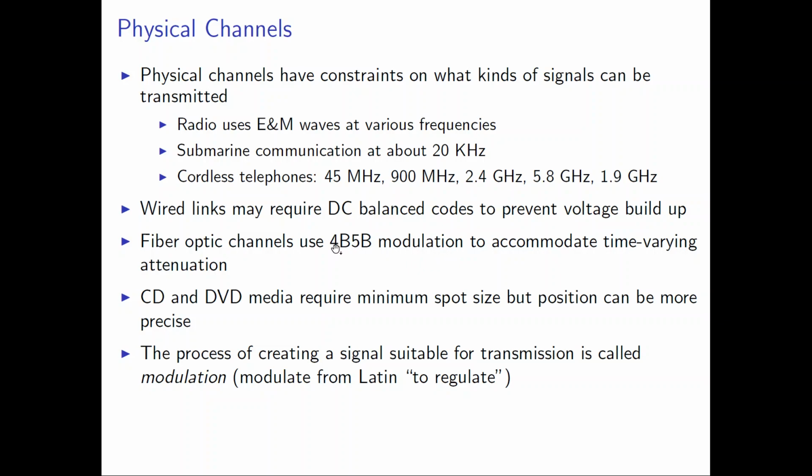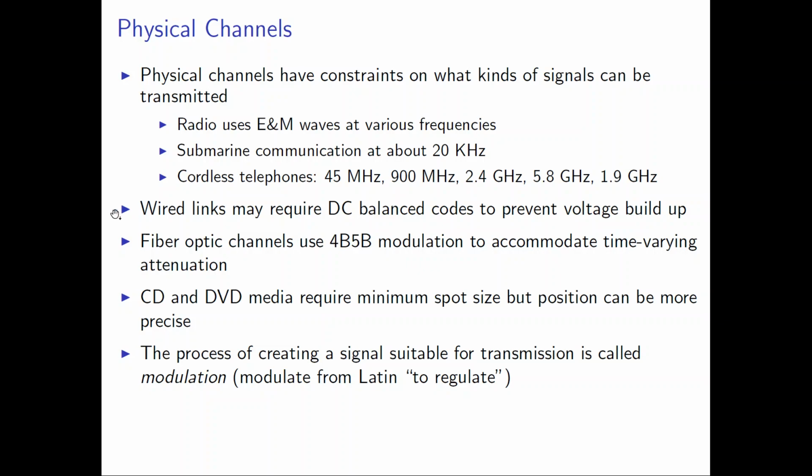So wired links may require DC balance codes. Now these points are examples of cases where you need to use a specific modulation in order to send your data over certain mediums. Because the medium restricts you and tells you which modulation you will need to use so that you meet the requirements. Otherwise, it won't work well.